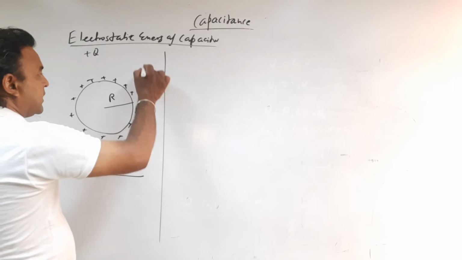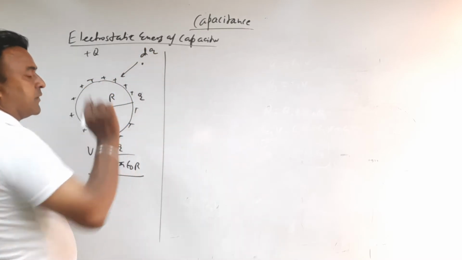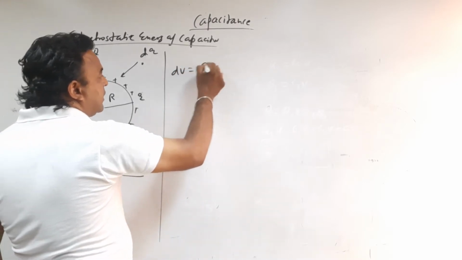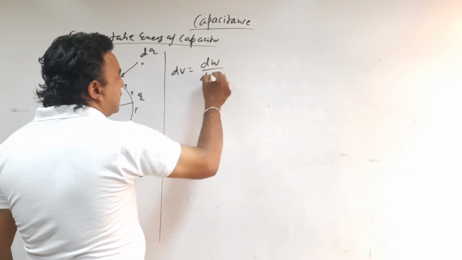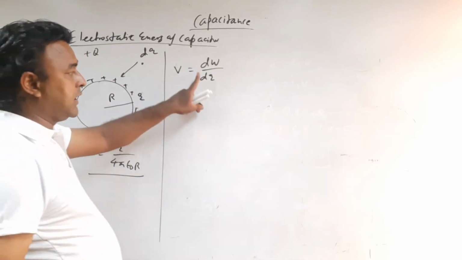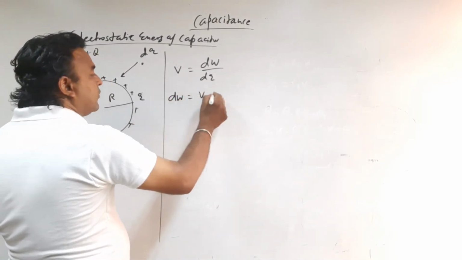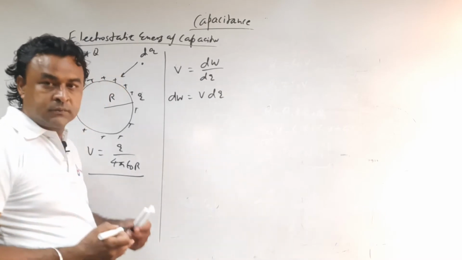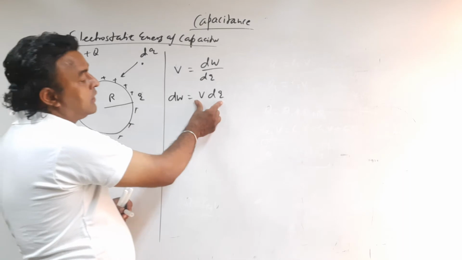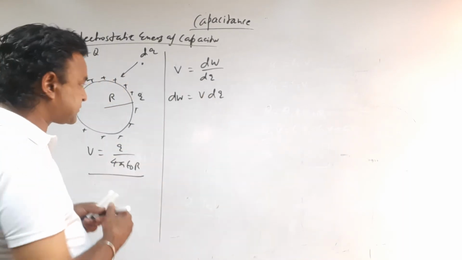Now if I bring a charge dq from infinity and place it over it, then as per the definition of potential, V equals dW upon dq. So work done will be V dq. Work is done against this electric field, calculated in scalar form as V dq.